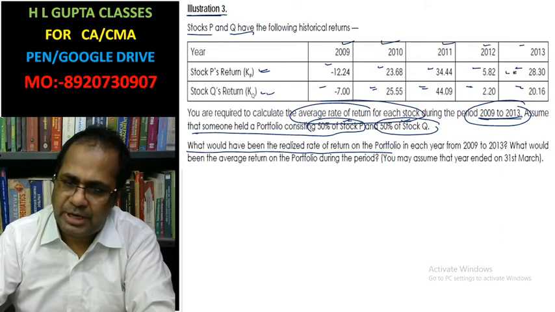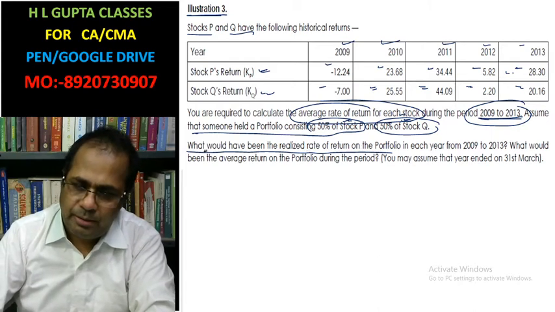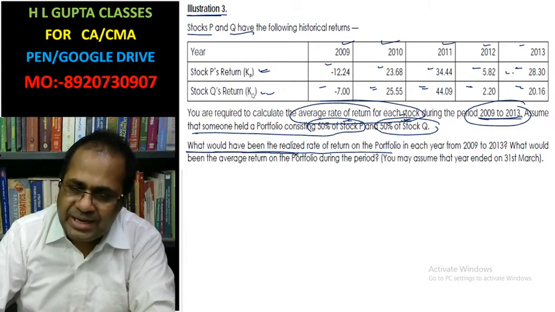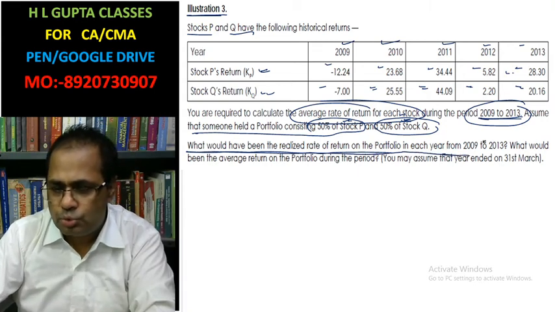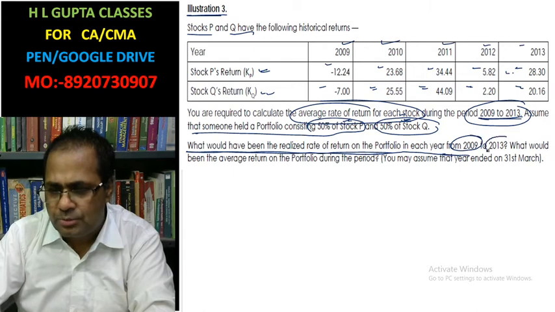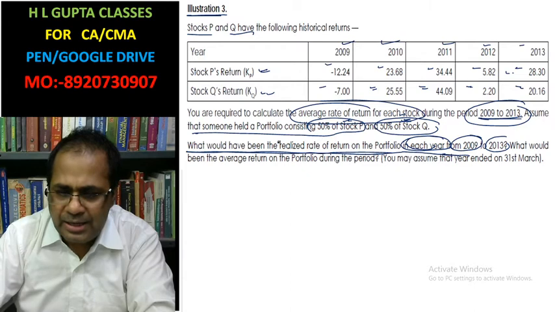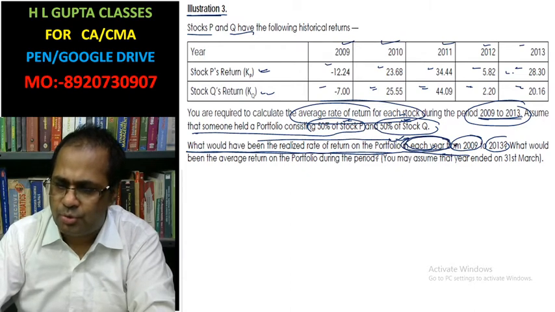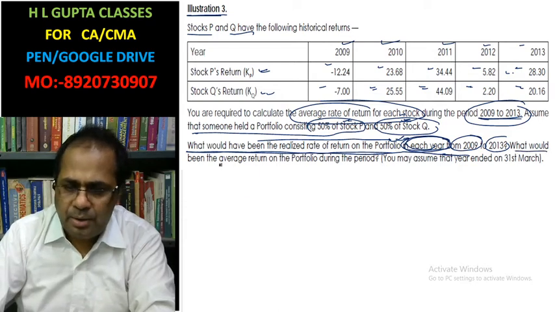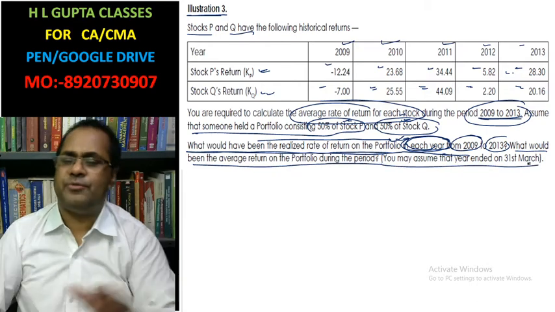First you calculated the average, thereafter the portfolio was applied. Here it asks for the realized rate of return on the portfolio in each year from 2009 to 2013, and what is the average return of the portfolio during the period? You may assume the year ended 31st March.